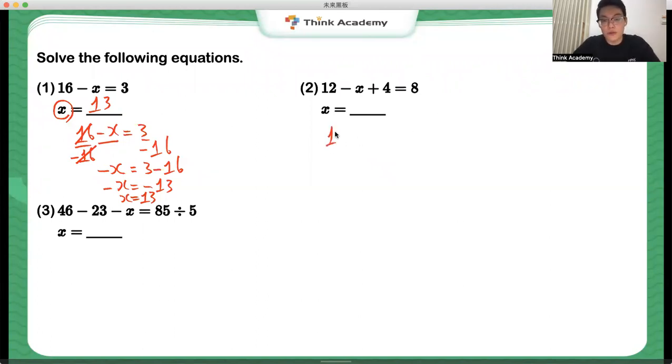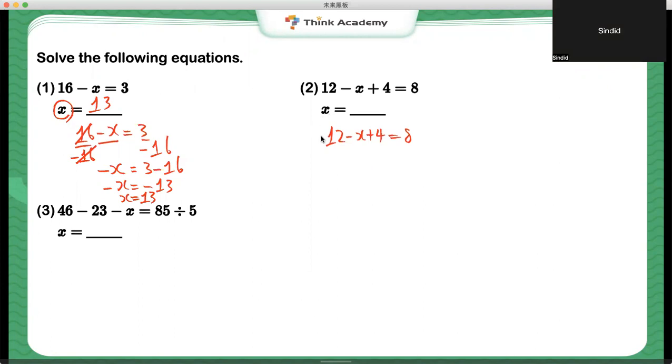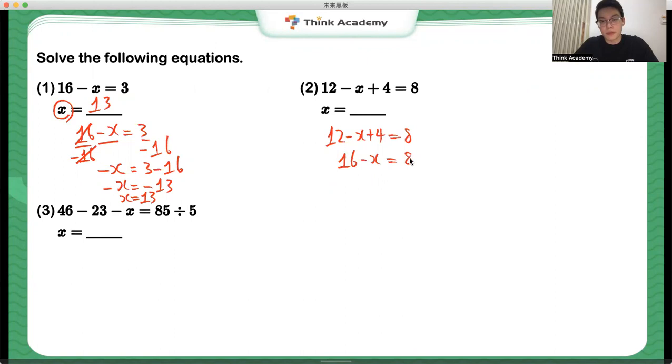So I have 12 take away X, adding 4 is 8. On the left-hand side of this equation, I know that the minus X and the plus 4 can be swapped, because for addition and subtraction, it doesn't really matter which one I do first. So I can just add 4 to the 12 first, so that I have 16 minus X is 8.